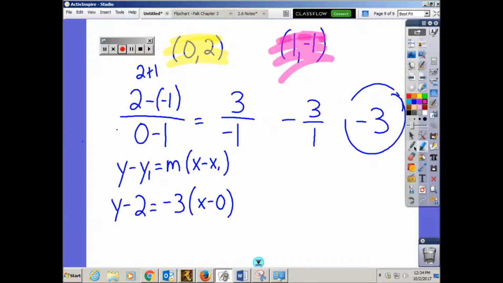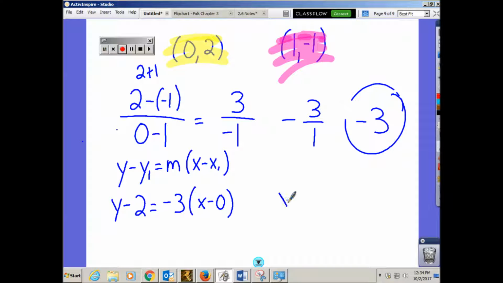I'm going to write another equation using the point that I've highlighted up there in magenta. y minus negative 1 equals the slope of negative 3, x minus 1.